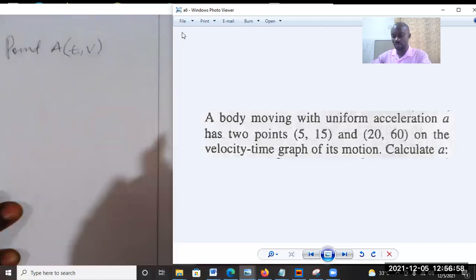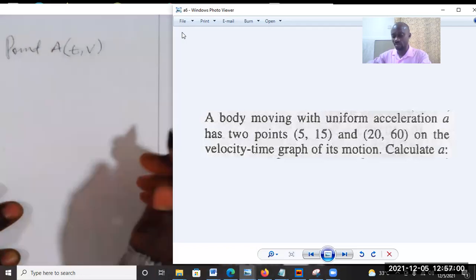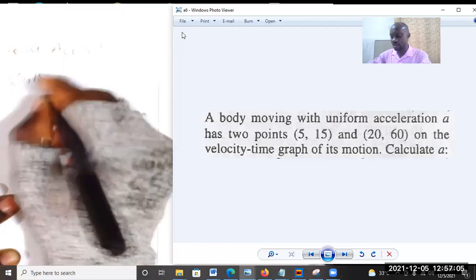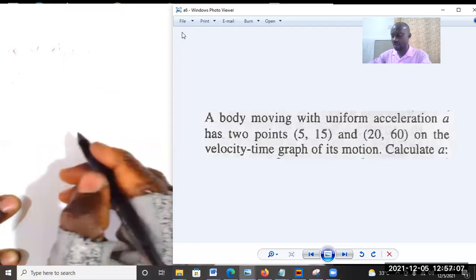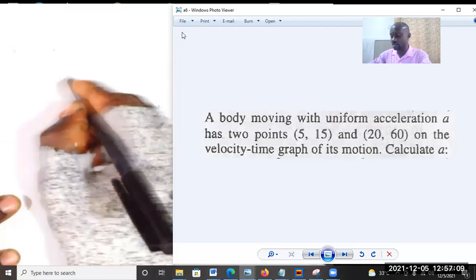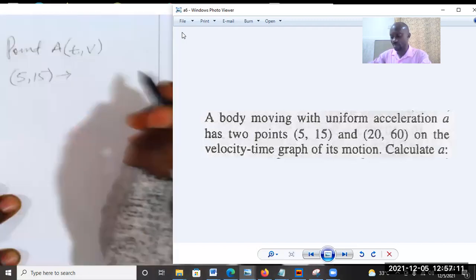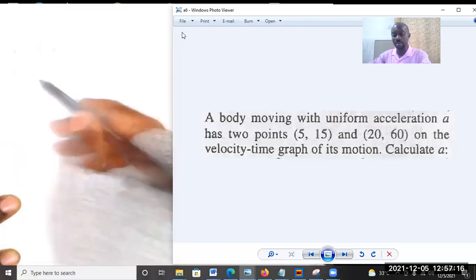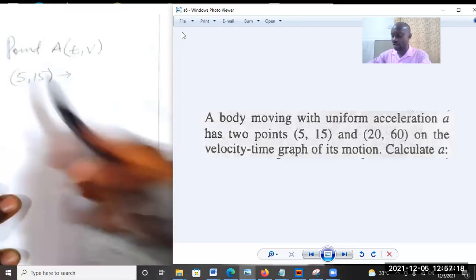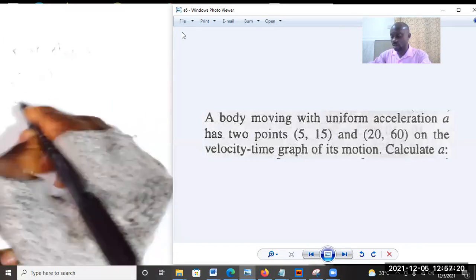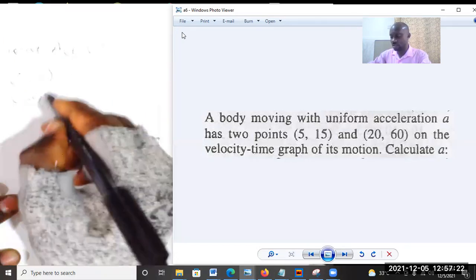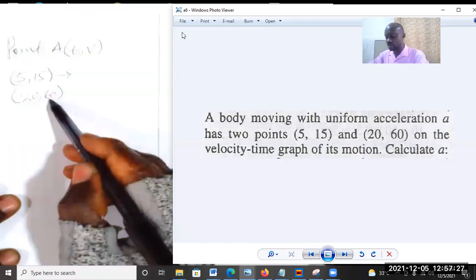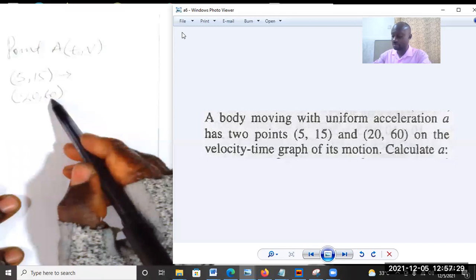Now, the first point given to us is 5 and 15. This shows that the speed is 15 meters per second and the time is 5. Then we have another point giving us 20, 60. The time is 20, the speed is 60 meters per second.